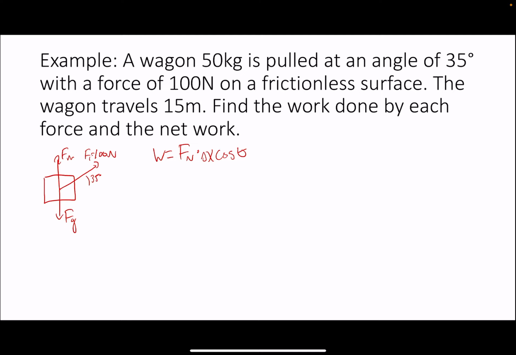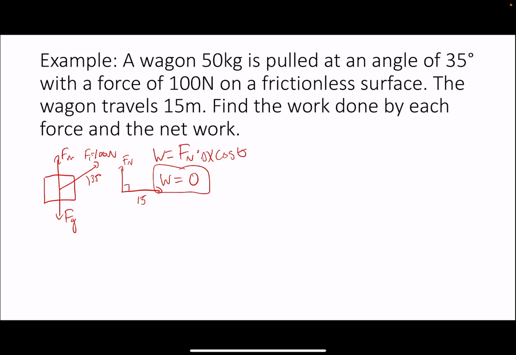We don't need to find the normal force because let's look at where this wagon is going. It's to the right. It's traveling 15 meters. And the force is straight up. And so we know they're perpendicular to each other. Therefore, we discussed that the normal force does zero work. And this is mostly the case. The normal force is usually going to do no work.